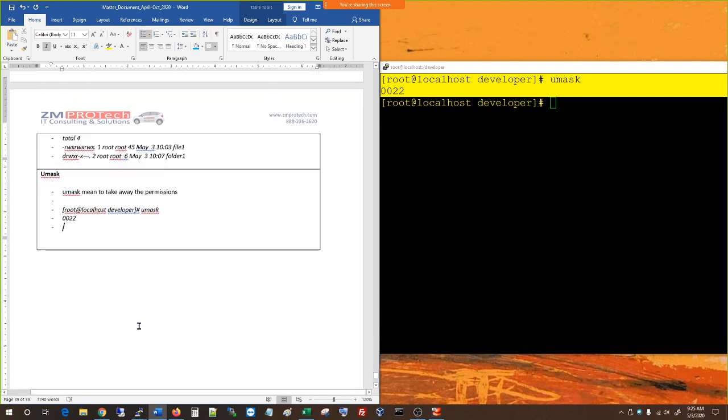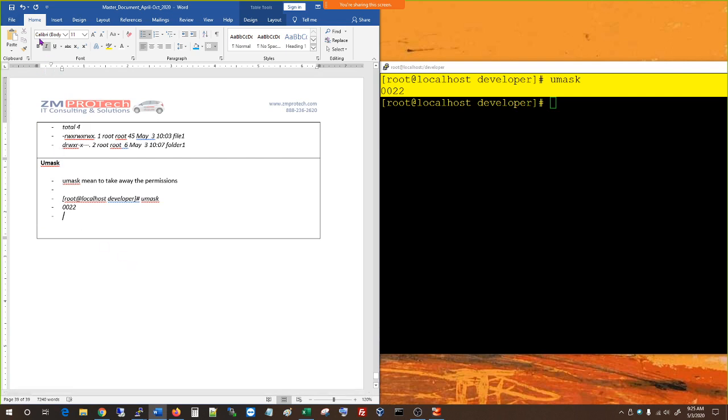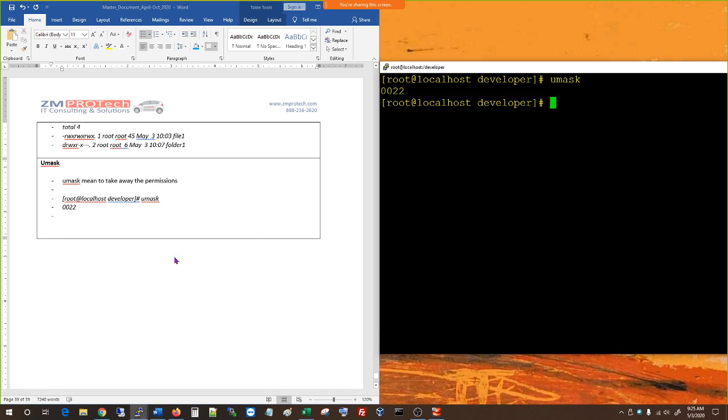Before that, let me explain. By default, the system provides 666 permissions for a file without umask.